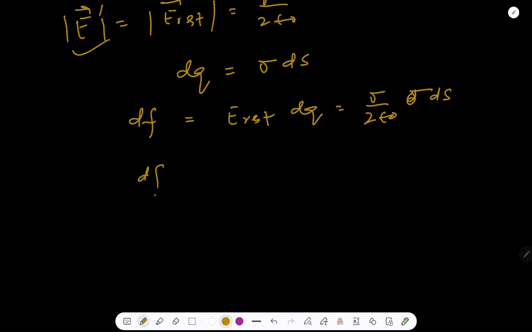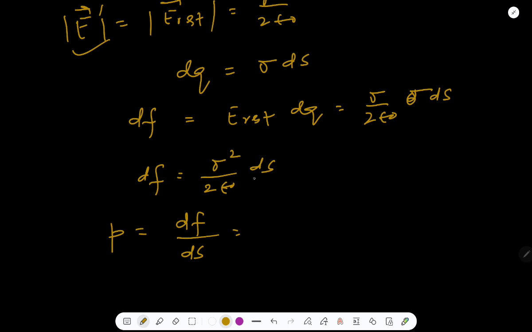We can write one more equation here: this has become sigma square by 2 epsilon naught ds, and we need to simply integrate it. If you find the pressure on the surface of the sphere, denoting pressure simply by P, the pressure is force per unit area, so we can write it as df by ds.